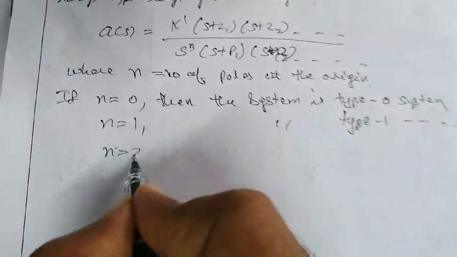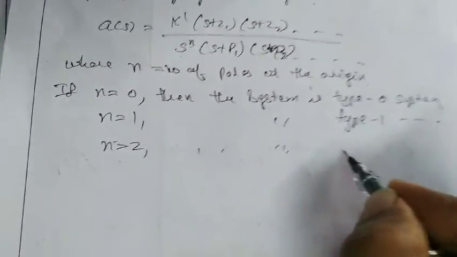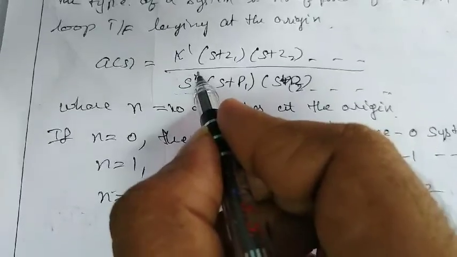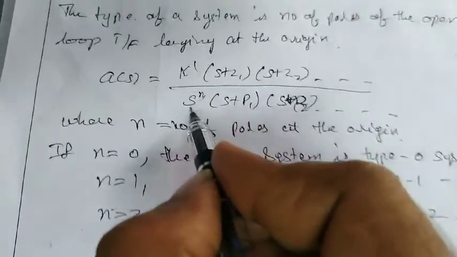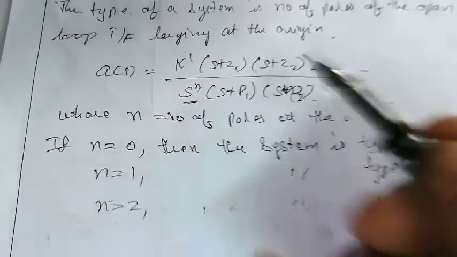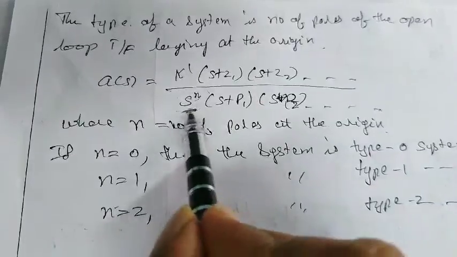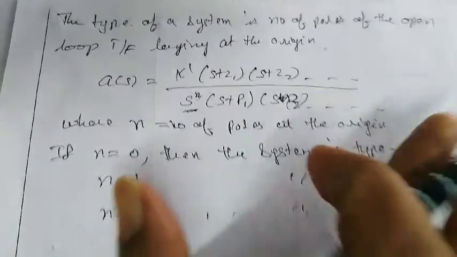Similarly, if n is equal to 2, then the system is called a type 2 system, and so on. So this denominator power s^n, meaning the number of poles at the origin, will give you the type of a system. Don't get confused, this is not the order, this is the type.